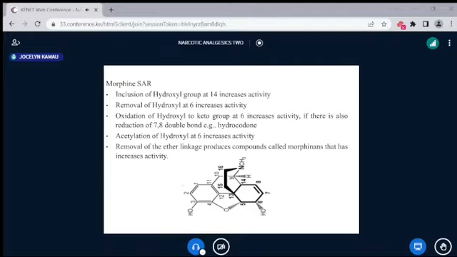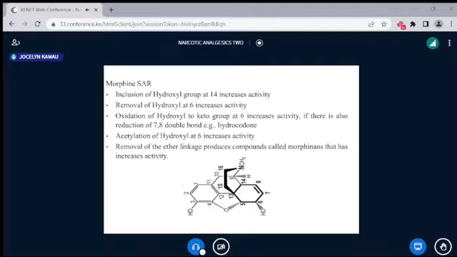We are still looking at the general SAR, and we are saying if you put a hydroxyl group at position 14, that hydroxyl group usually carries a beta orientation. Remember, we numbered this compound. This is our 13, which we call the quaternary carbon. This is our position 14. If you put a beta hydroxyl group here, that means the hydroxyl group carries a wedge.